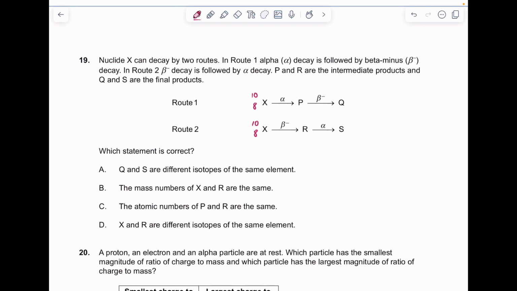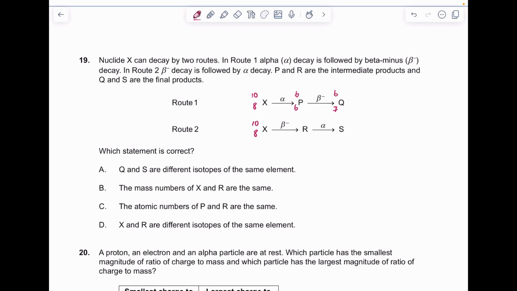So after an alpha decay, P will then have numbers 6 and 6, so it'll have lost 4 nucleons. And then beta minus, a neutron turning into a proton, containing the same number of nucleons.